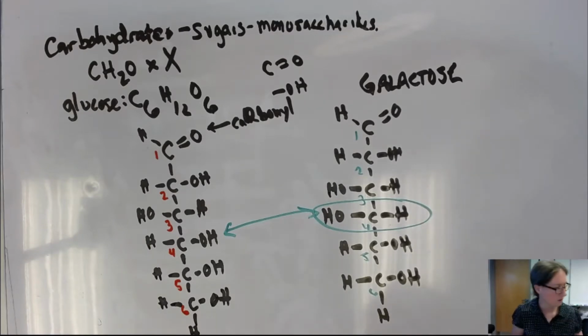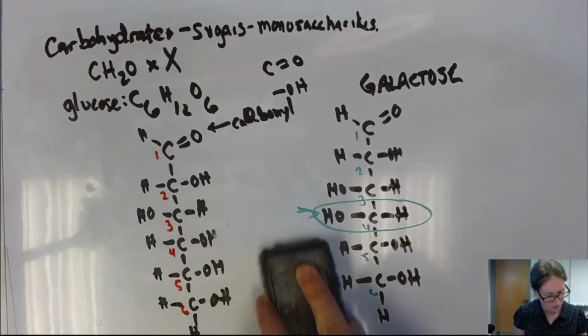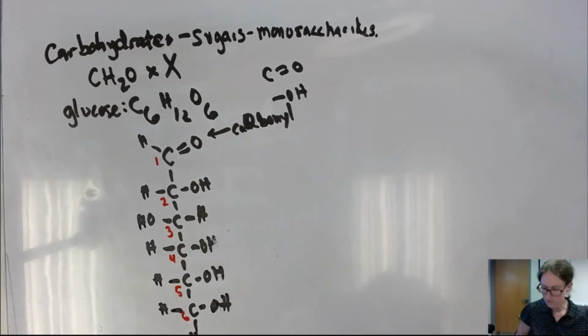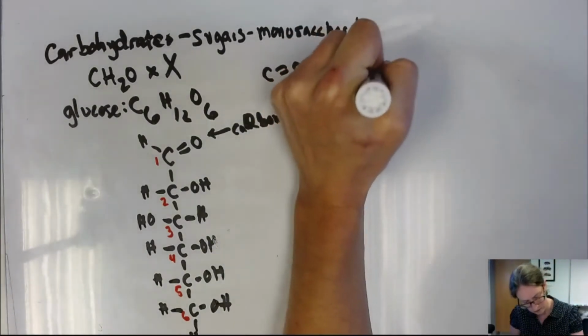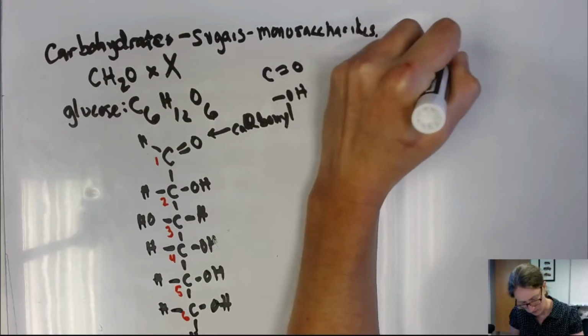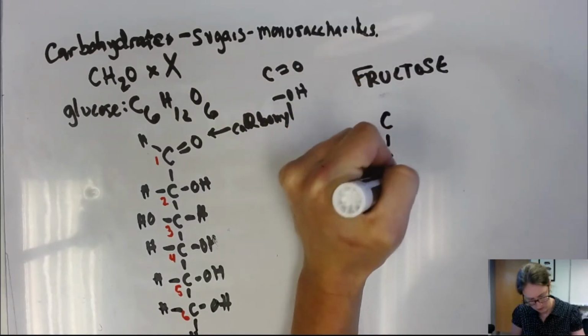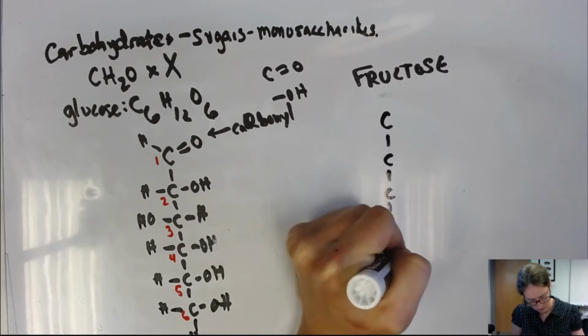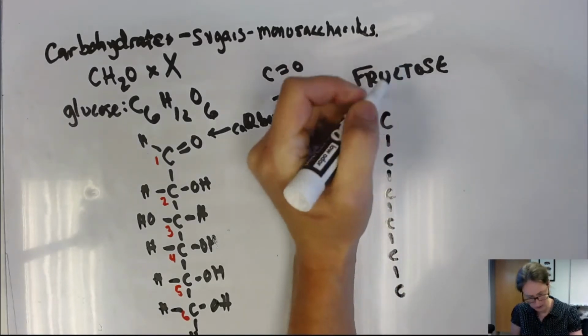So now let's take a look at another 6-carbon sugar. So the next 6-carbon sugar here is fructose. So there's my carbons.